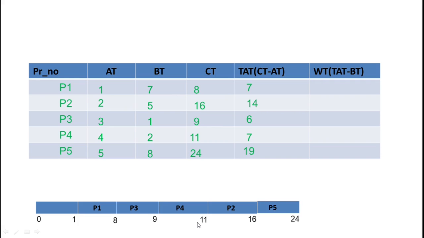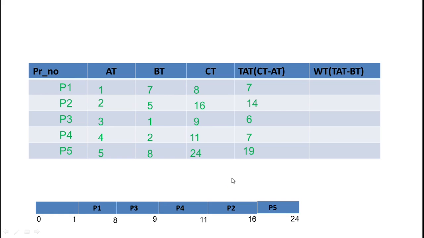If we look at P2, P2 arrived at arrival time 2. Get it? And at what time did P2 start its execution? P2 started its execution at 11. So what is the waiting time? If you subtract the arrival time from the starting time, 11 minus 2, you will get 9.